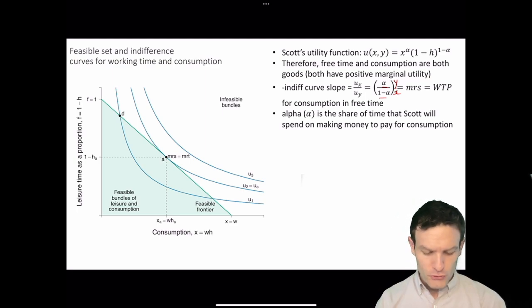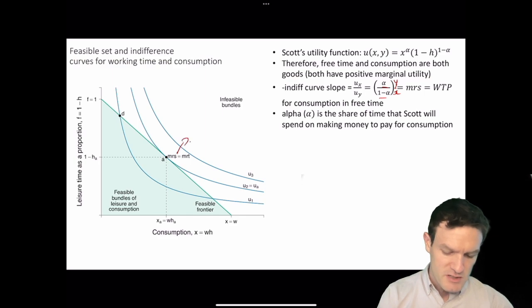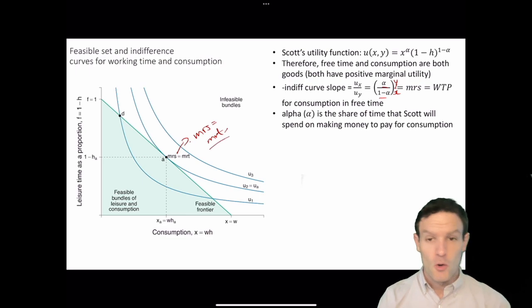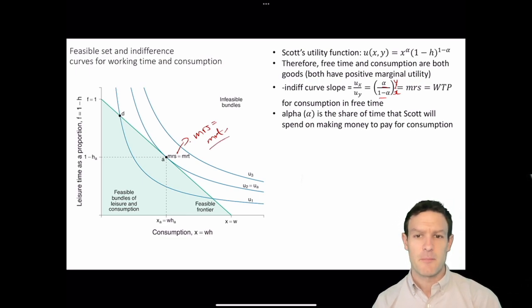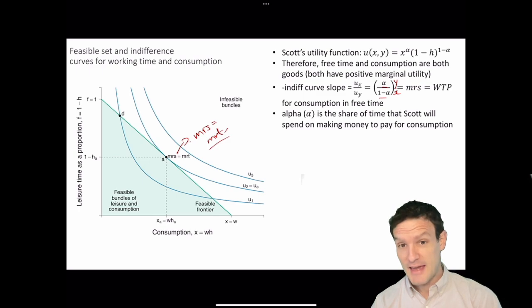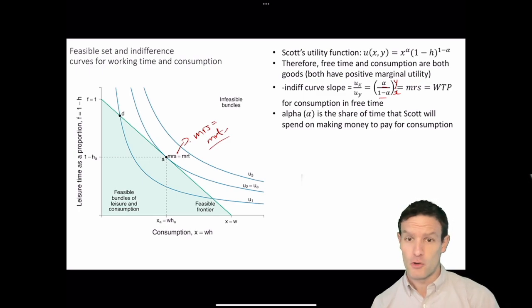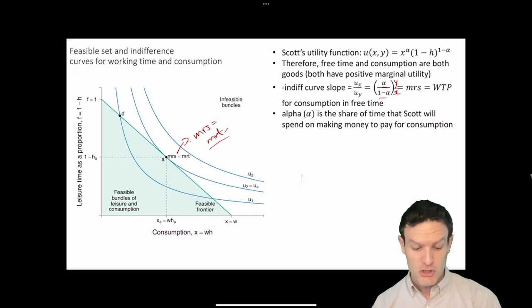Now, what we're also able to see here is that at this point, MRS equals MRT. What is that telling us? It's telling us about Scott's willingness to pay in his free time to get more consumption. So his willingness to give up his free time to get more consumption, the X good, that's what his marginal rate of substitution is doing.